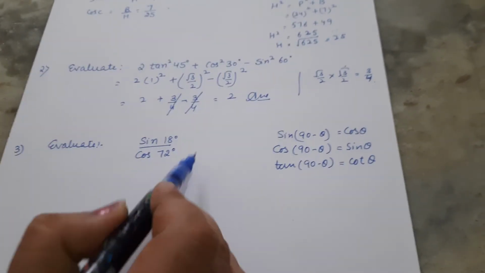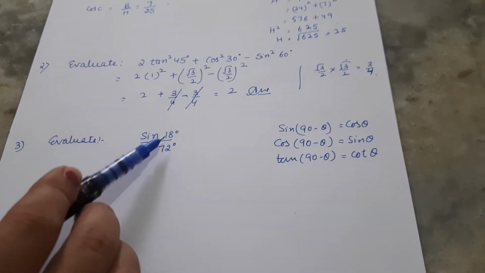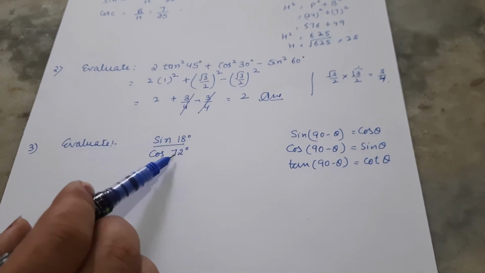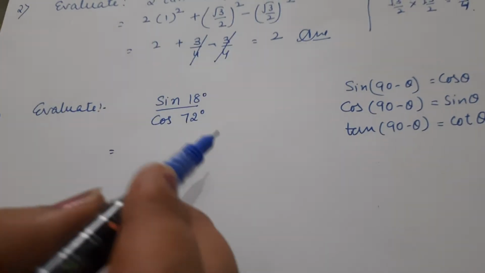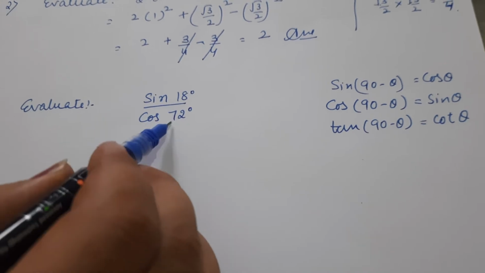Here you can see we have different angles and different trigonometric ratios.